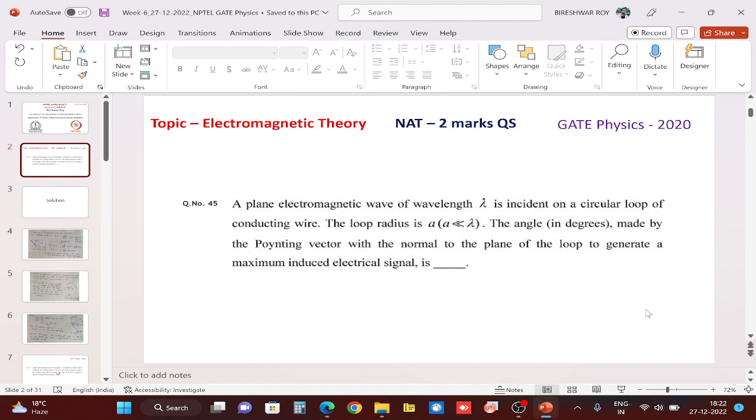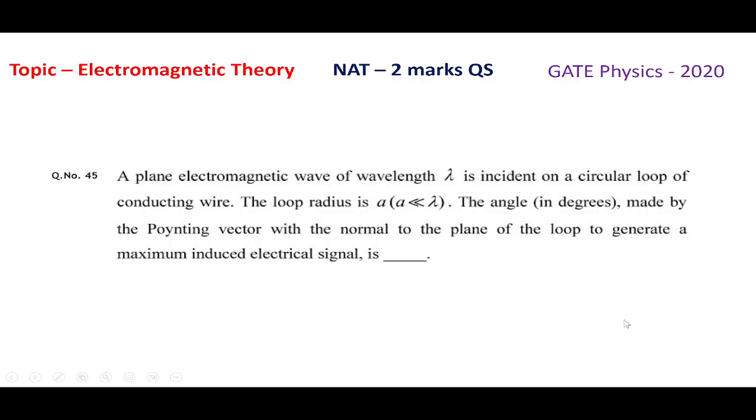Okay, so let me ask some questions before going to the solution. Let us assume the loop is in the xy plane. What should be the magnetic field direction so that the flux is maximum?